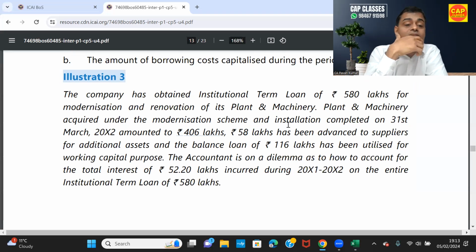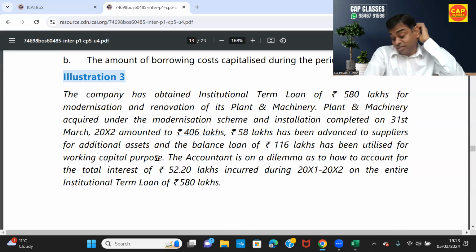But wait. Plant and machinery acquired under modernization scheme and installation completed on 31st March, okay, 406. 58 lakhs has been advanced to suppliers for additional assets. And the balance 116 is working capital. Now it is a heart attack for me. But anyway, this is the ICI version.